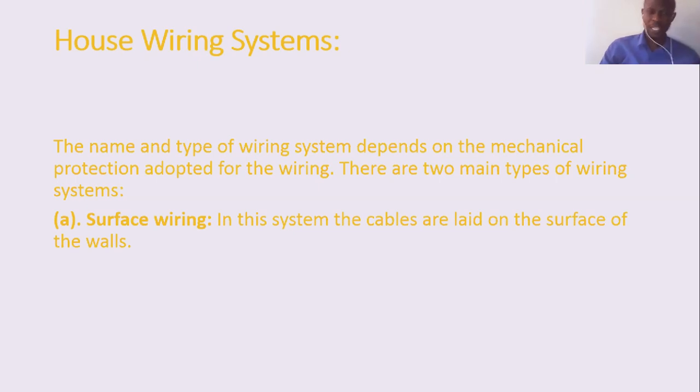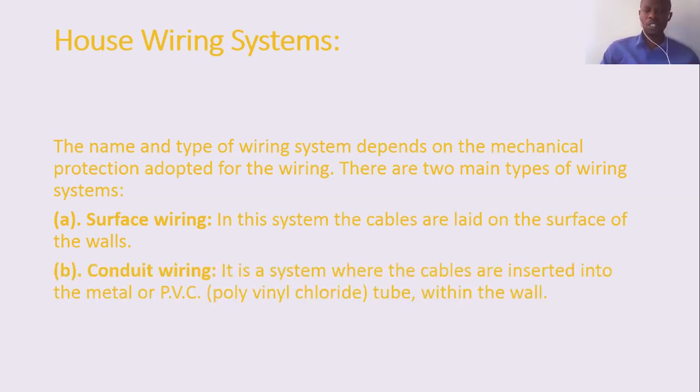The second one is what we call the conduit. The conduit is a system where the cables are inserted into metal or PVC. The PVC contains the current. It's just like a plastic tube within the wall, either metal or PVC.